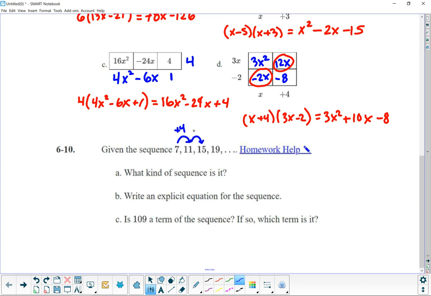Okay, 11 to 15. Yes, it is add 4. 15 to 19. Yes, it is add 4. So I know it's the same pattern, and you're adding 4, which means that this sequence is an arithmetic sequence.